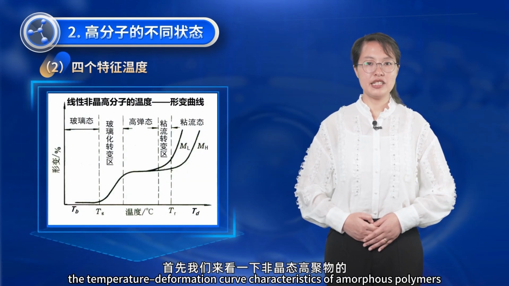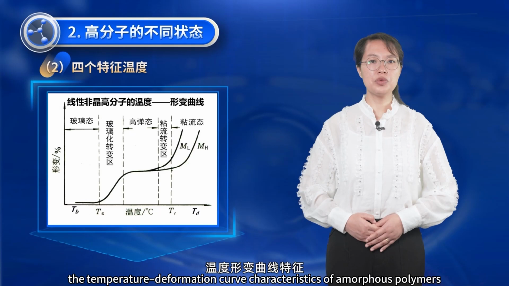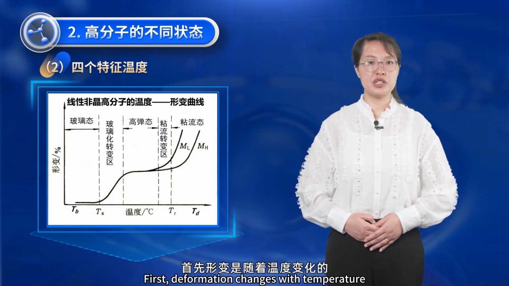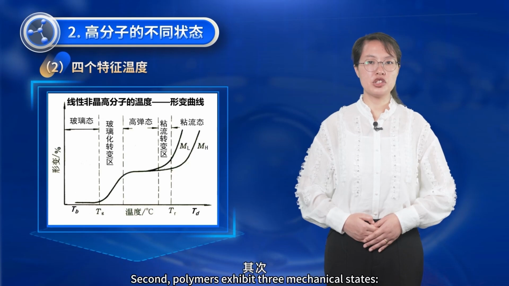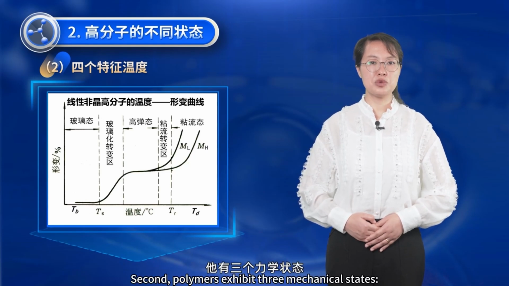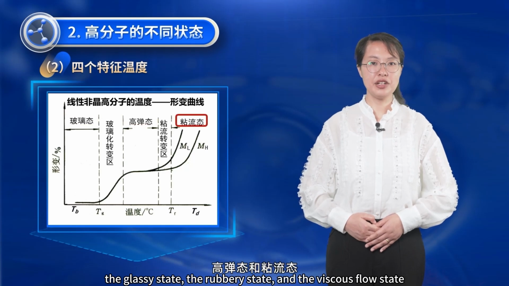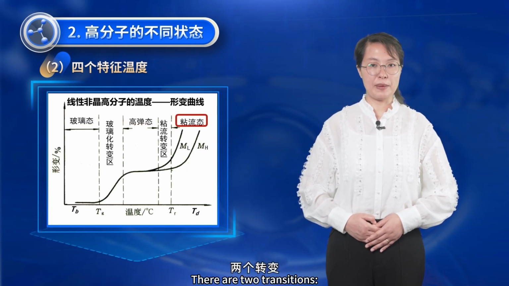First, let's look at the temperature deformation curve characteristics of amorphous polymers. First, deformation changes with temperature. Second, polymers exhibit three mechanical states: the glassy state, the rubbery state, and the viscous flow state. There are two transitions.